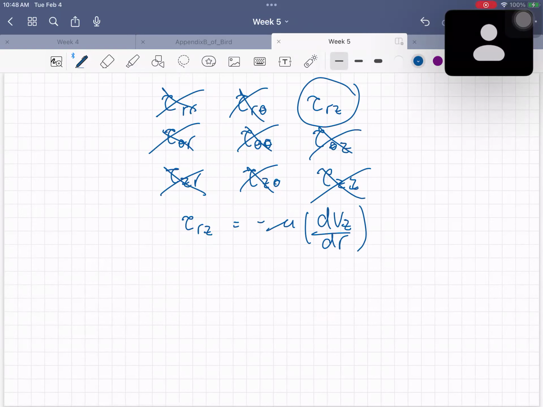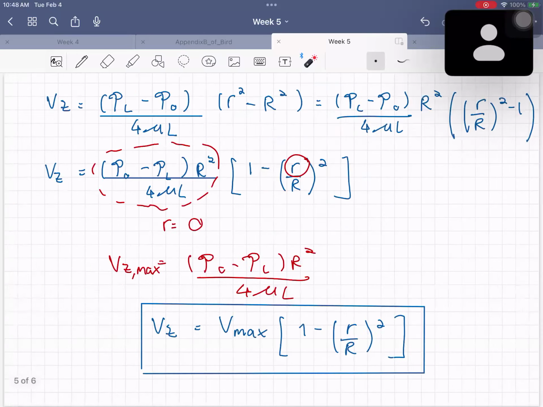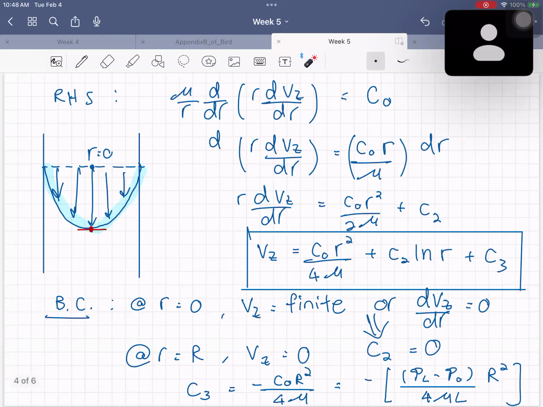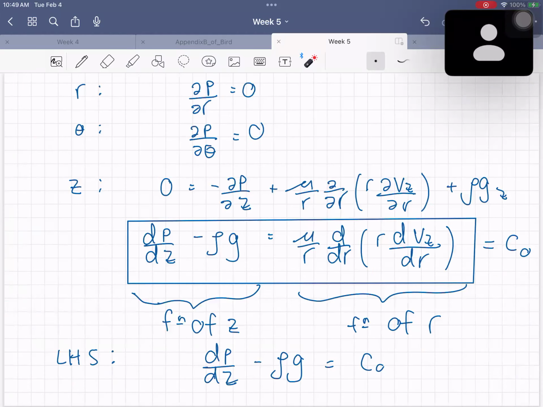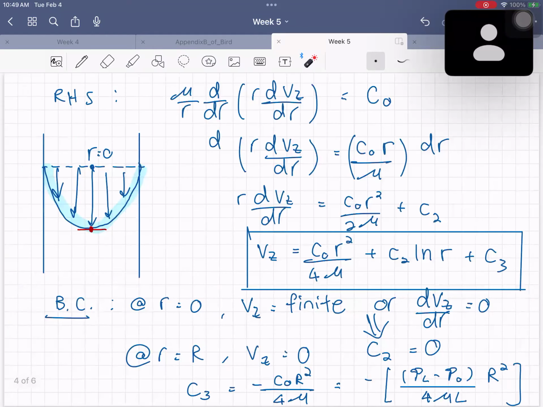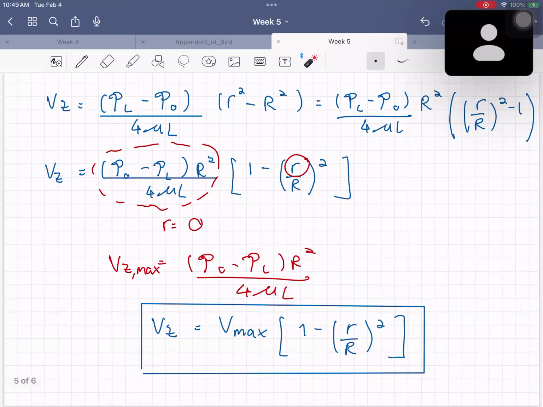Can you solve this one? Pretty straightforward. Do you know dVz by dr? Just go back to your lecture notes.